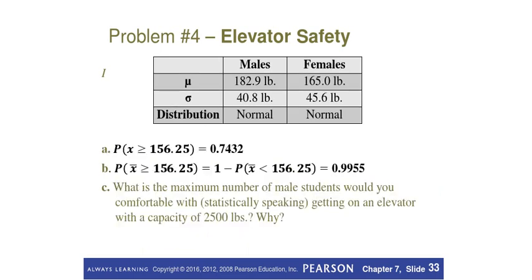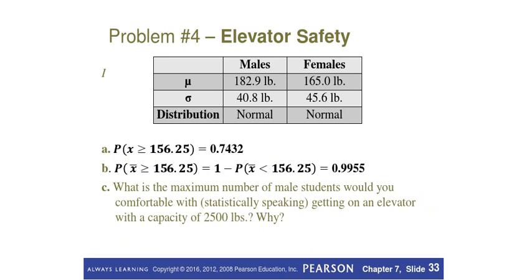All right. So, statistically speaking, what is the maximum number of students you would be comfortable getting on an elevator with a capacity of 2,500 pounds? There are a lot of ways to answer this one, but let's take a look at our mean.